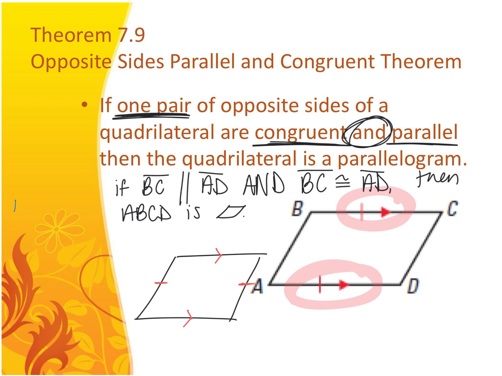No. One side is congruent, one side is parallel. That cannot work. Okay? Cannot work. That's a no. The same side has to be parallel and congruent for both pairs. Does everybody understand that? Okay.